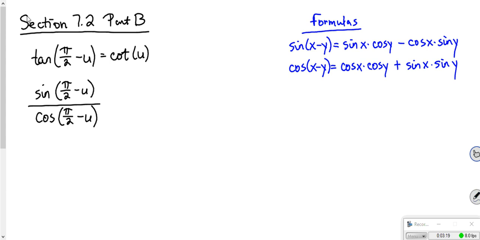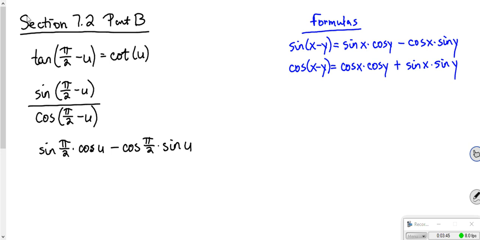So here we go. This gives me sine of pi over 2 times cosine of, not y, that would be cosine of u, pardon me, minus cosine pi over 2 times sine u.